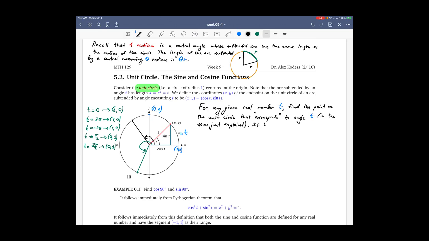If the coordinates of the point are x and y, define the functions cosine t as x and sine t as y.